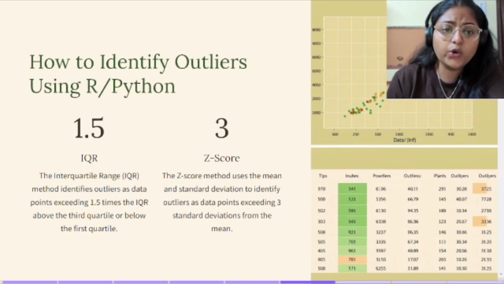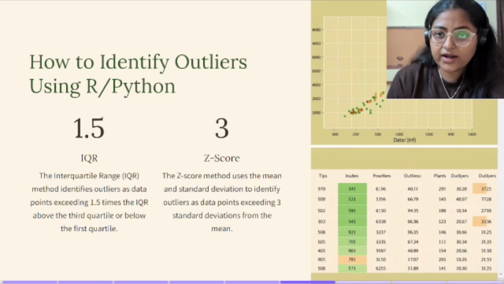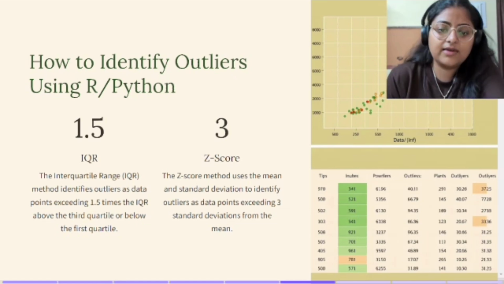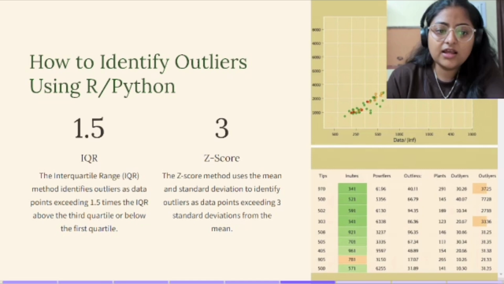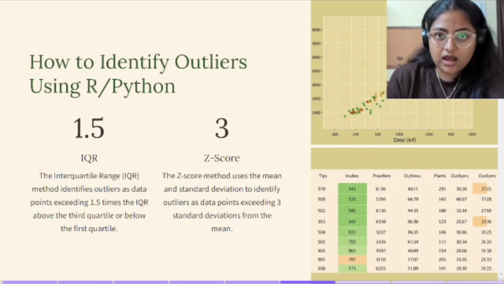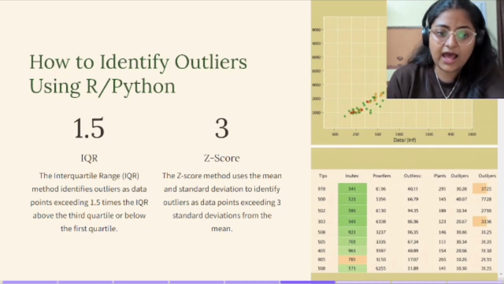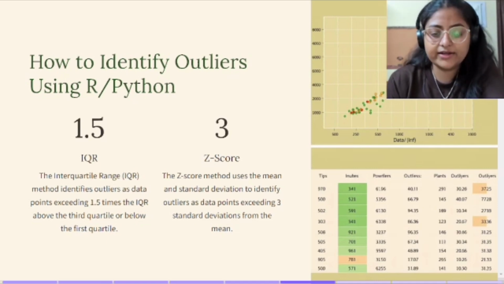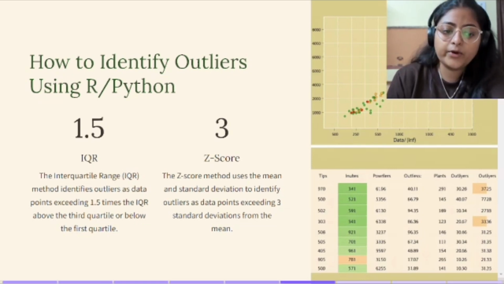How to identify outliers using R or Python. Outliers are basically unnecessary data which we do not require. And how do we identify these outliers? Basically, R and Python offer the IQR method and the Z-score method. The interquartile range, IQR, method identifies outliers as data points exceeding 1.5 times the IQR above the third quartile or below the first quartile.